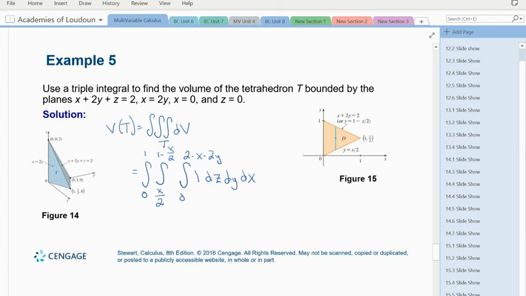So I'm going to leave this calculation to you in the video to determine the volume as given.